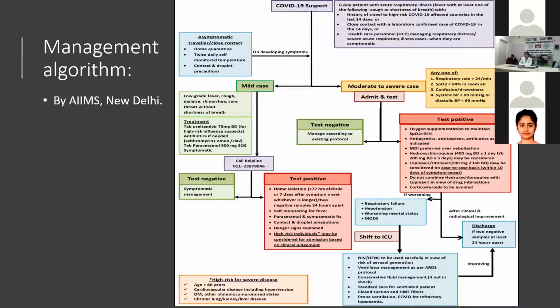Conservative fluid management is a must and standard care for ventilated patients. Close contacts should be educated on all the possible precautions they need to take. After clinical and radiological improvement, the patient can be discharged if 2 samples are negative at least 24 hours apart.